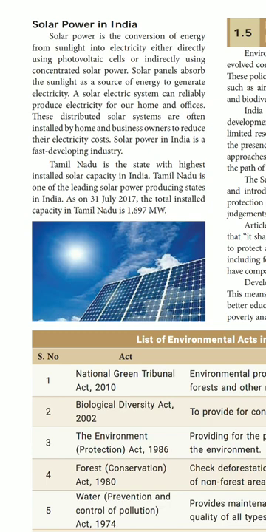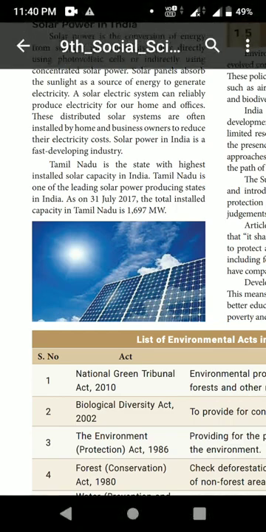A solar electric system can reliably produce electricity for our home and offices. Because of this, the electricity bill will be reduced. And in Tamil Nadu, the figure is as of 31st July 2017. Okay. Next, the question answer I will give.